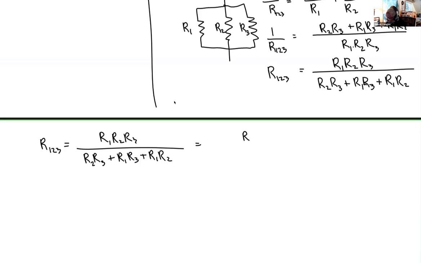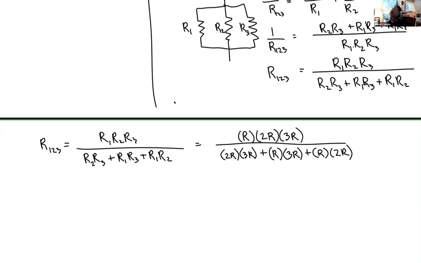R1 we called R. R2 has 2 times the value of R. R3 has 3 times the value of R. This is divided by R2 times R3, so that's 2R times 3R, plus R1 times R3, so that is R times 3R, plus R1 times R2, so that is R times 2R.